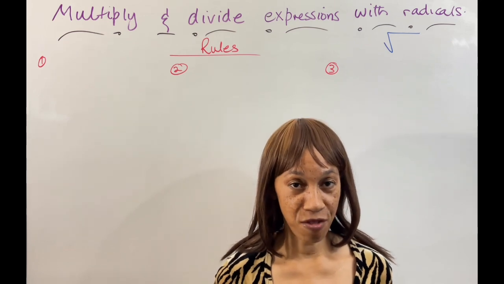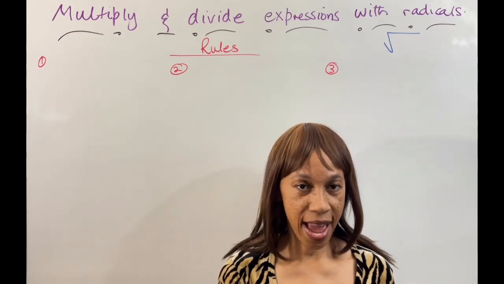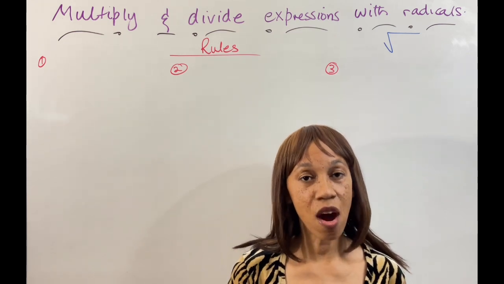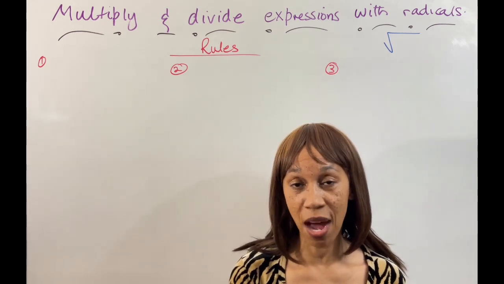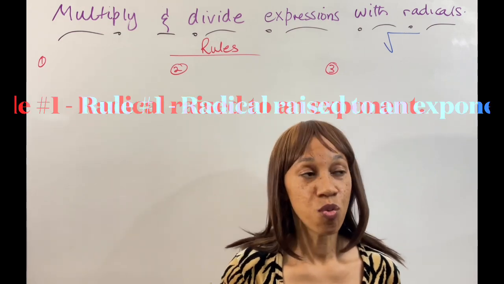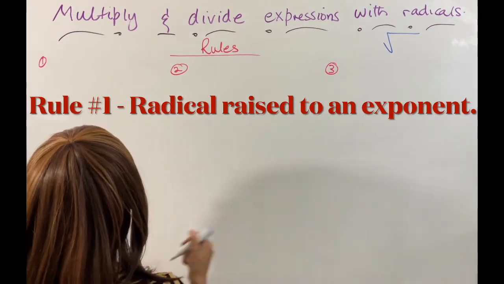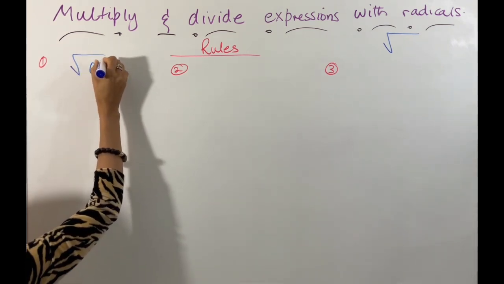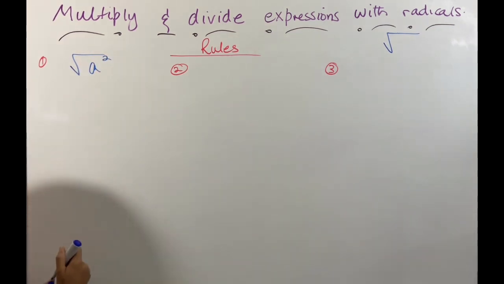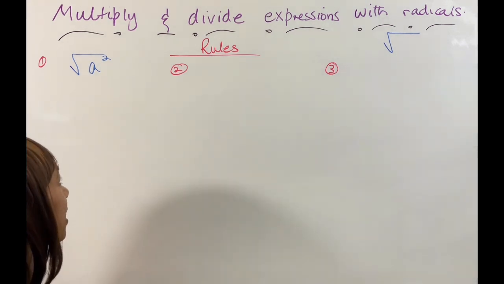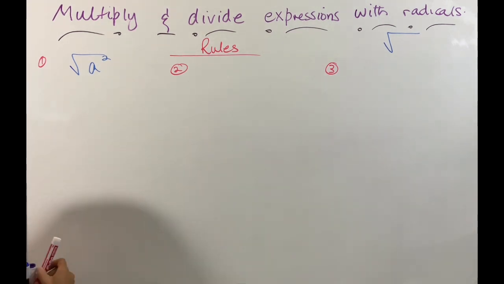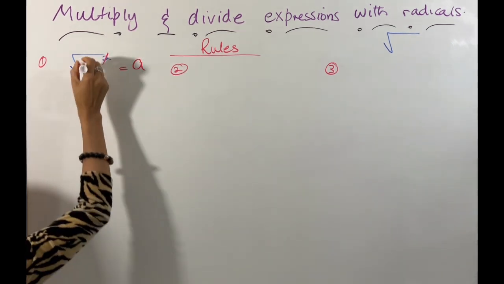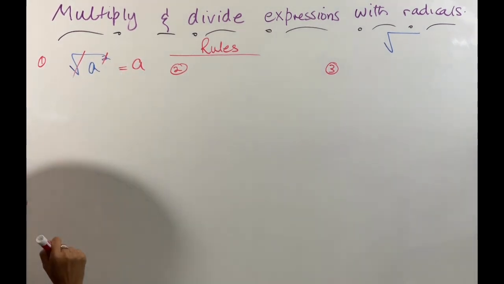and the dimension for the width is also 5 units. When we are dealing with expressions that contain radicals, there are 3 basic rules that we need to adhere to. Rule number 1, if we have the square root of a variable, could be a, raised to the second power, which is our exponent in this case, then it is going to be a, because the exponent 2 is going to cancel out the radical sign.